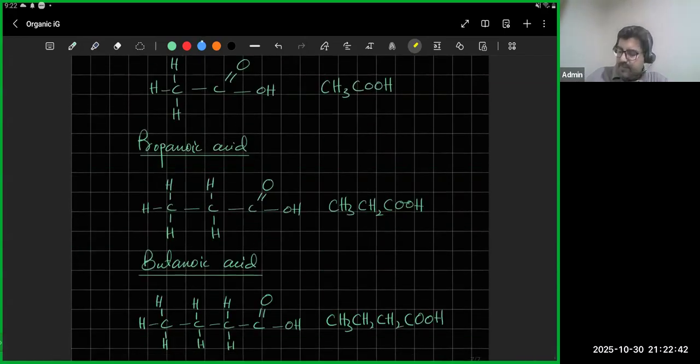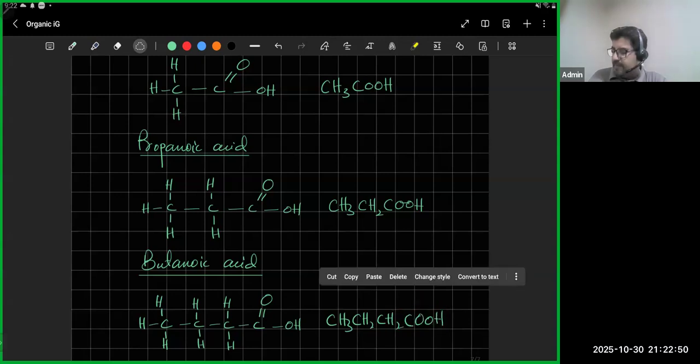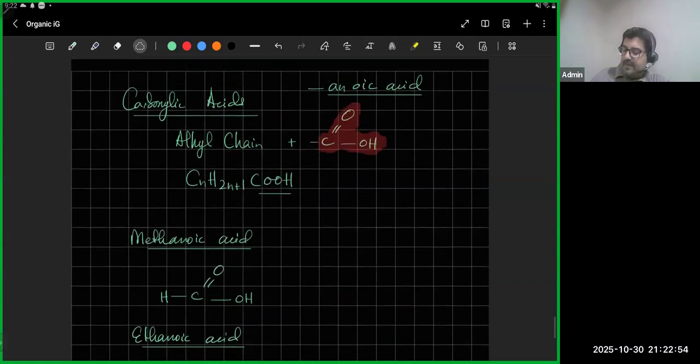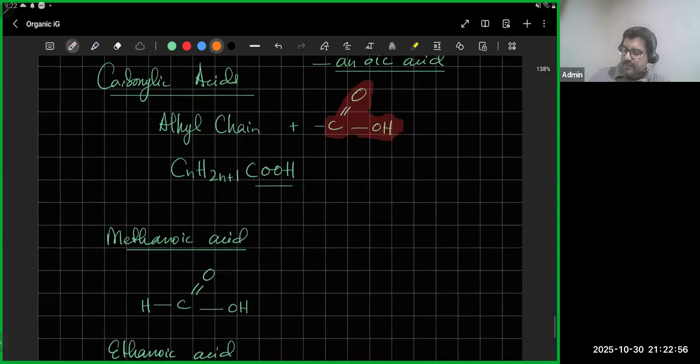The general formula of a carboxylic acid could also be used, but you just need to be slightly careful. The n over here is not the number of carbon atoms, but one less than that.